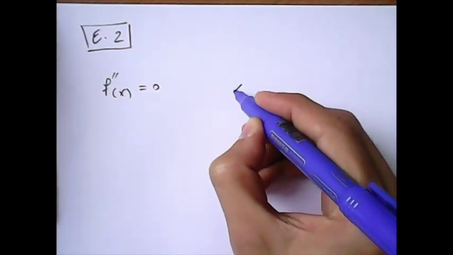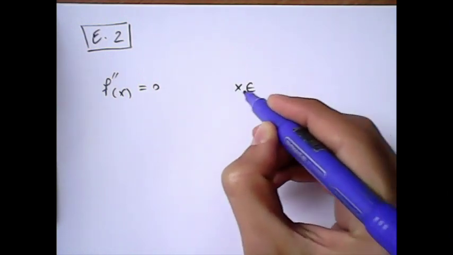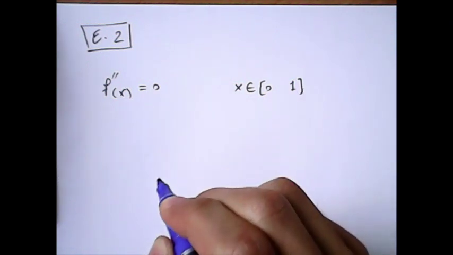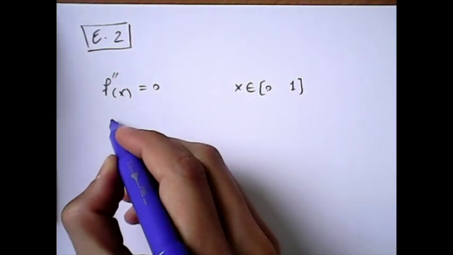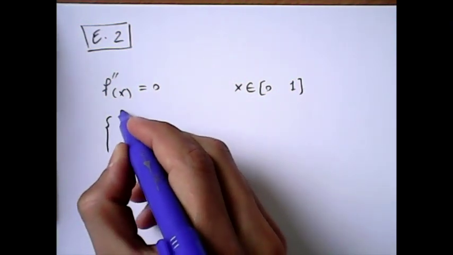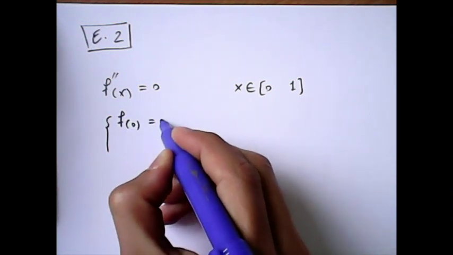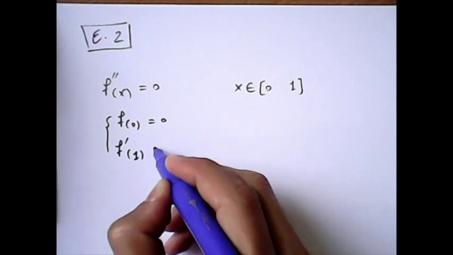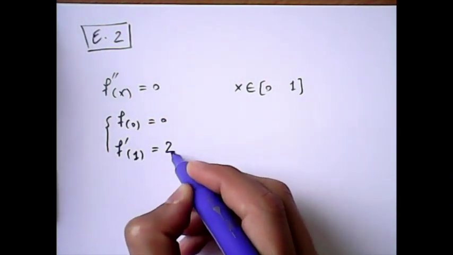Function f of x is defined on the domain x belonging to 0 and 1. And the boundary conditions are as follows. f at 0 is equal to 0 and f prime at 1 is equal to 2.